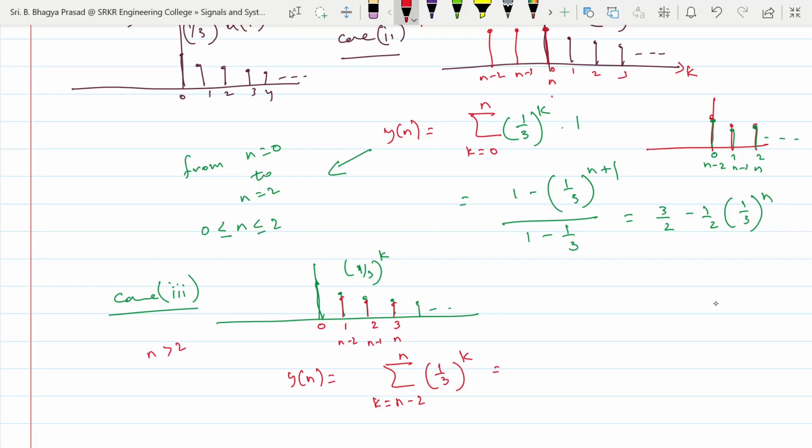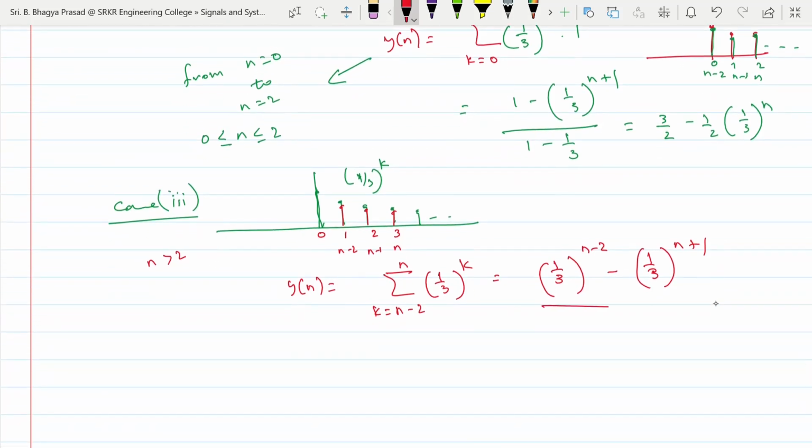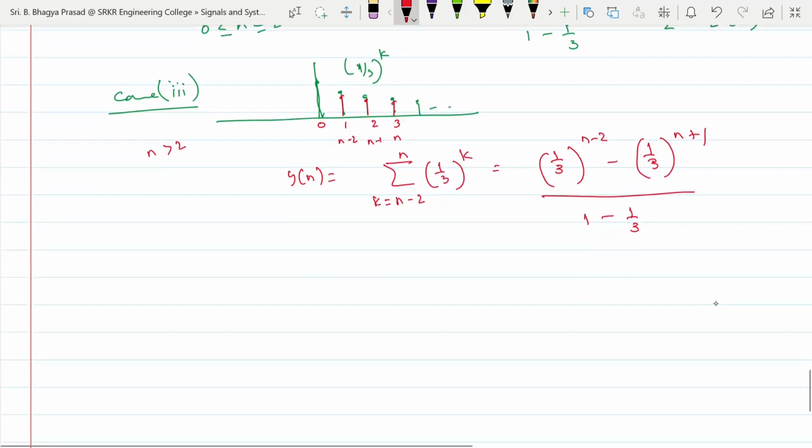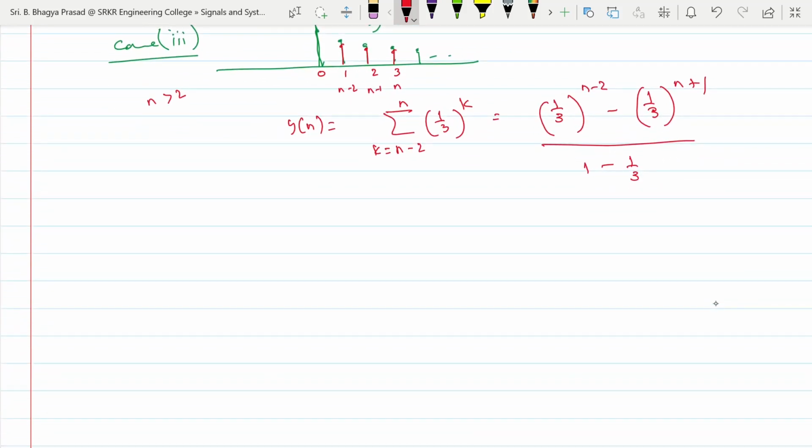For this, the first term is 1/3 power n minus 2 minus 1/3 power n plus 1, divided by 1 minus 1 by 3, the common ratio being 1/3.